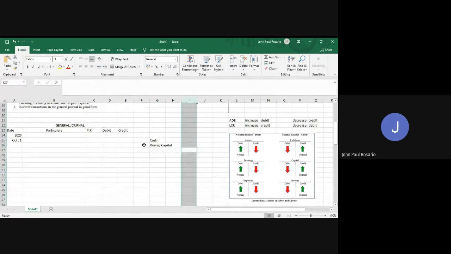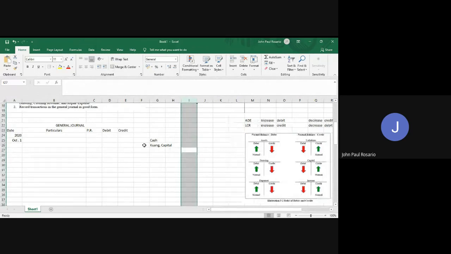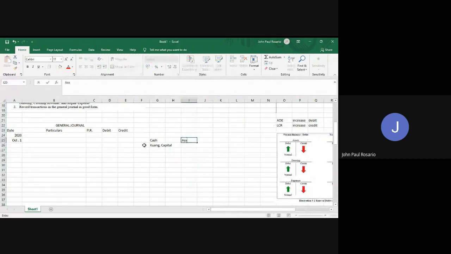Cash is what? An asset. Cash increased. Increase in asset is debit. Kwang, capital is capital. Increase in capital is credit.